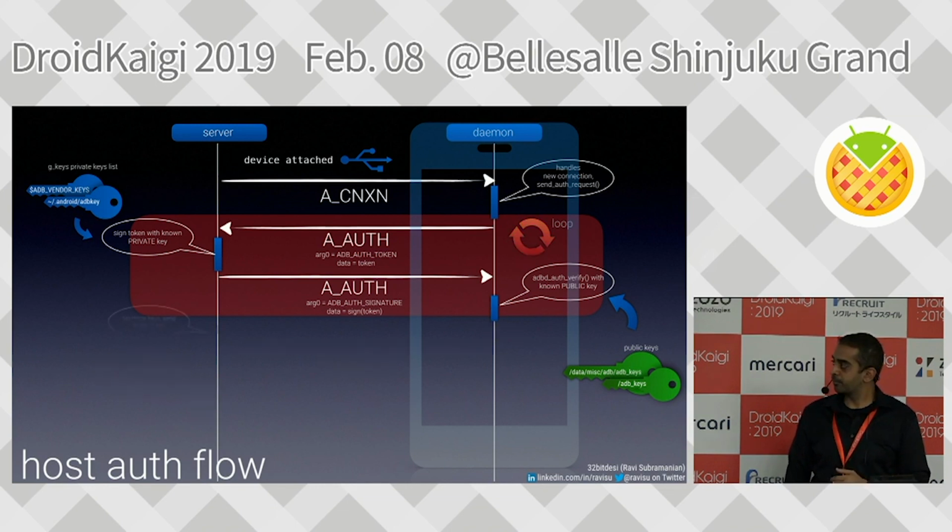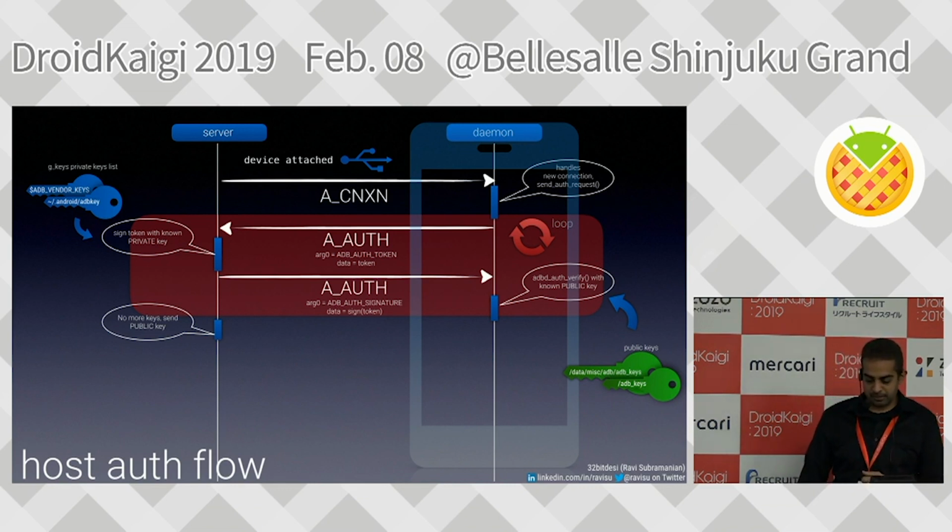Now, what happens if none of those public keys actually work? So you might be interested to know that, for example, the key pair that's inside .android, the ADB key, is actually generated if it's not found.